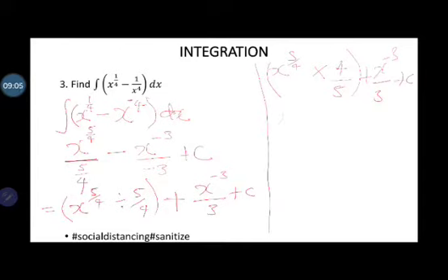So this is just 4 over 5 x to the power 5 over 4 plus x to the power negative 3 over 3 plus c as your integral of this equation given here. Thank you.